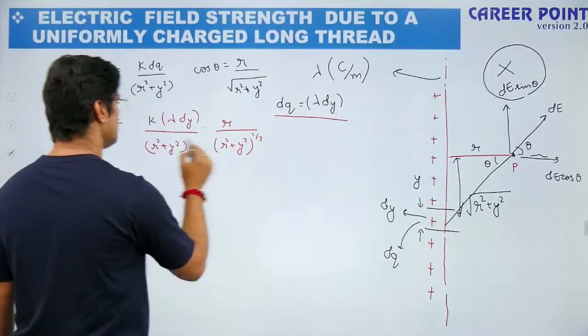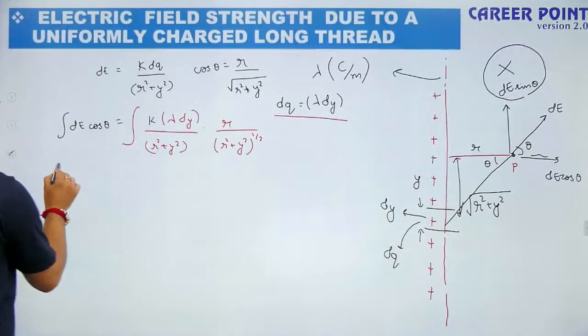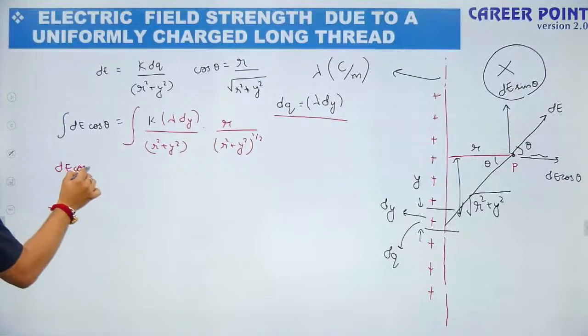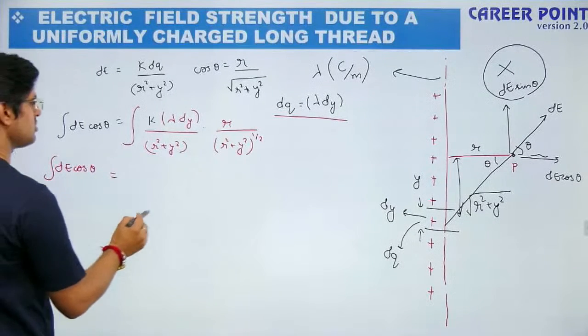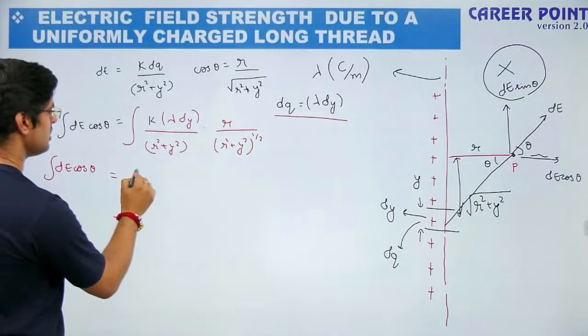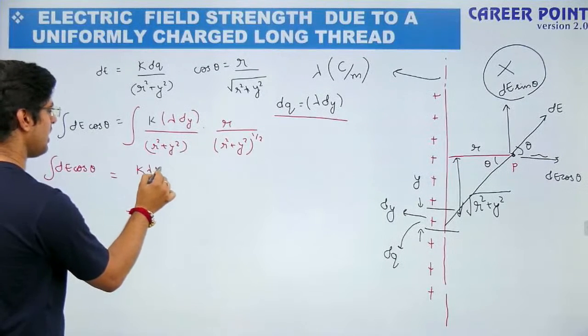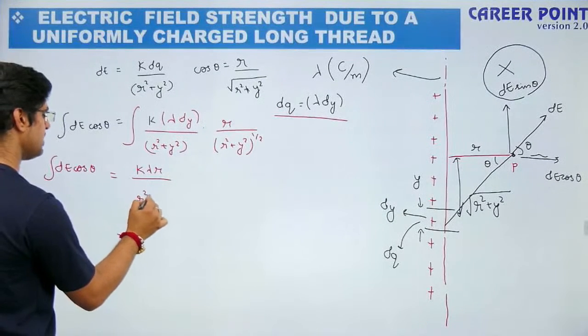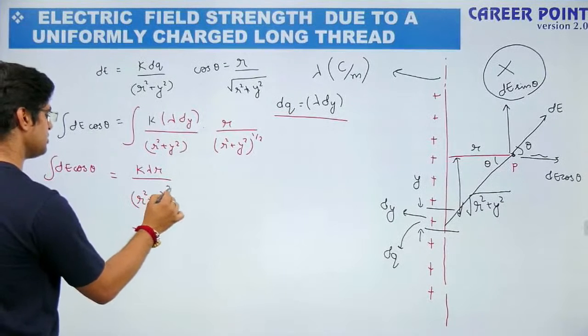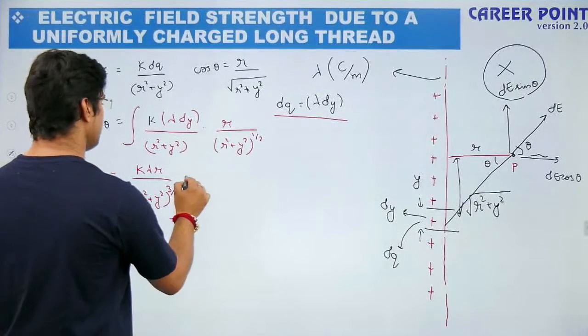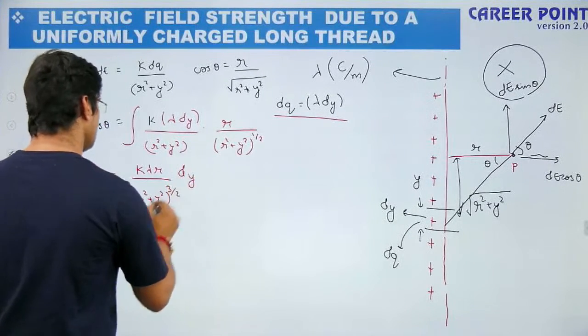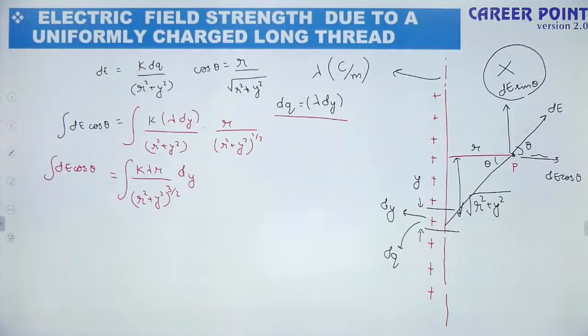So the integral of dE cos theta equals k lambda r upon r square plus y square raised to power 3 by 2 into dy, and this integration we have to do.